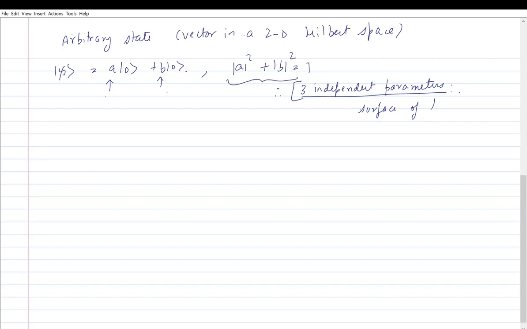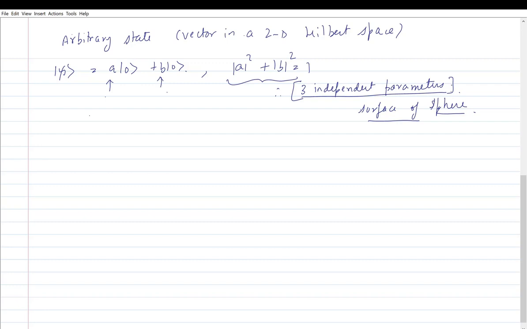So in some sense I have 3 independent parameters, and this reminds me of the surface of a sphere. Actually, this reminds me of the entire sphere, but let's see what I mean by this.